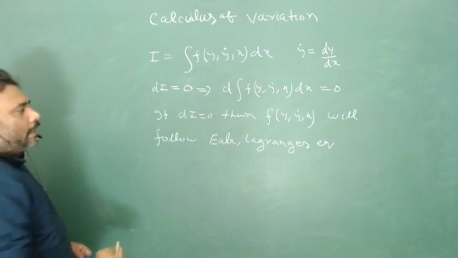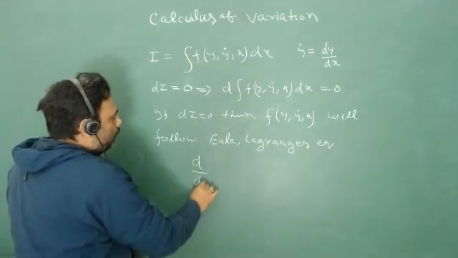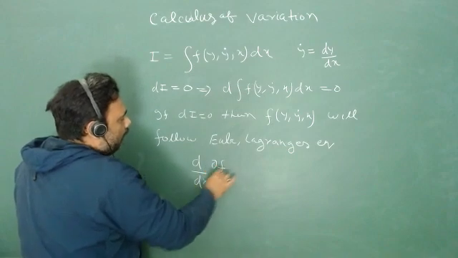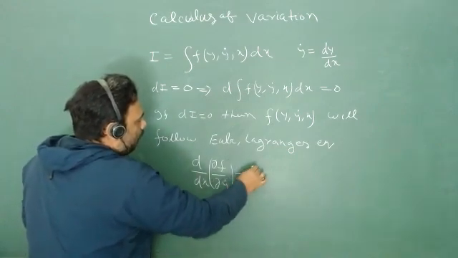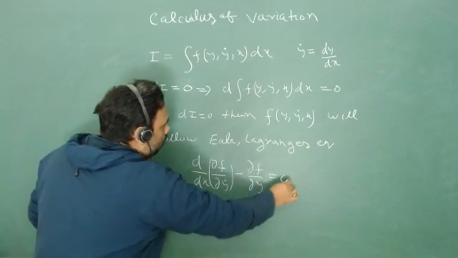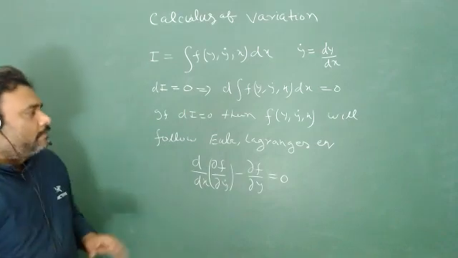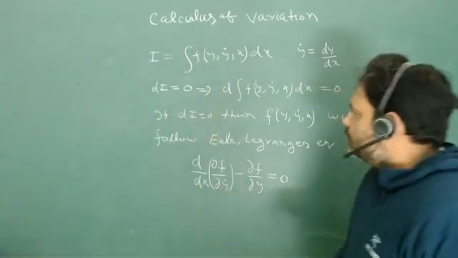And what is this Euler-Lagrange equation? It is d upon dx of del f upon del y dot, minus del f upon del y, must be equal to 0. This is a very famous mathematical equation, known as the Euler-Lagrange equation.